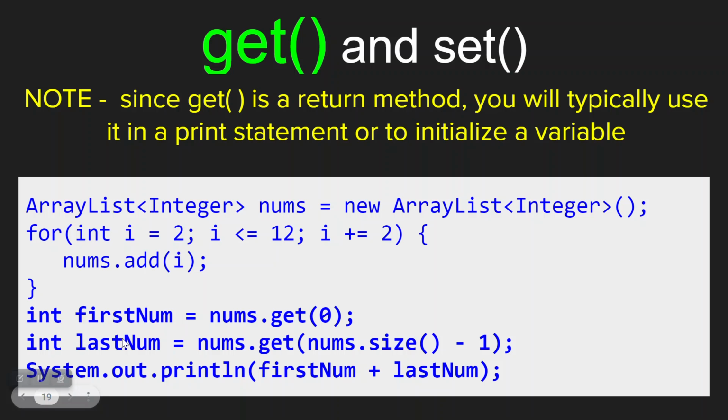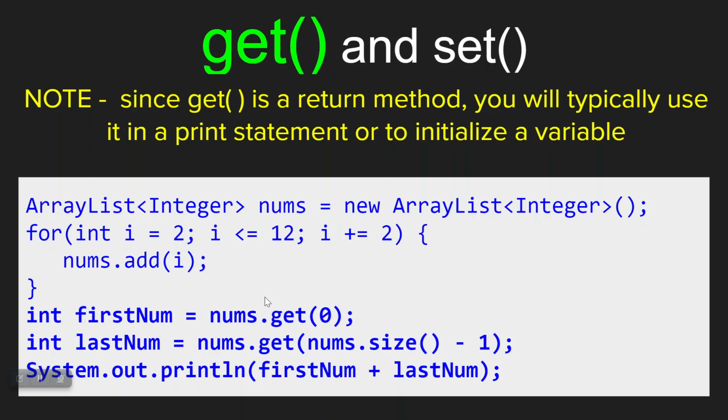And then int lastNum = nums.get, but now, instead of putting a number in here, I've got nums.size() - 1. So this is going to get the last element of that ArrayList, which would be the number 12, and store that as lastNum. And now what we're doing is we are printing firstNum + lastNum.